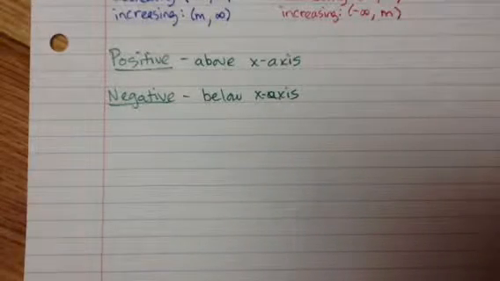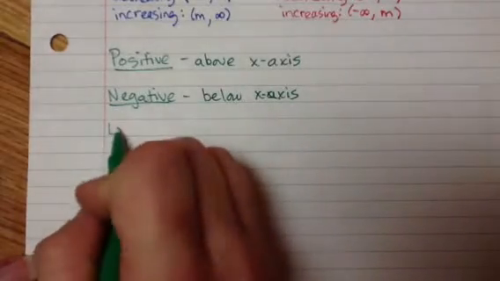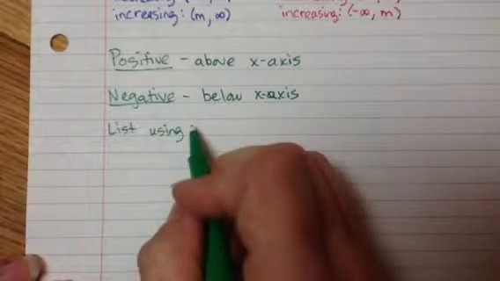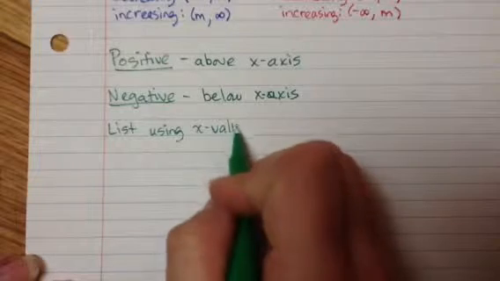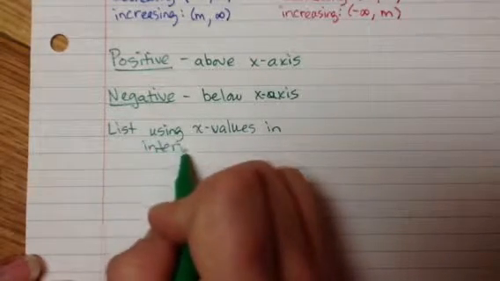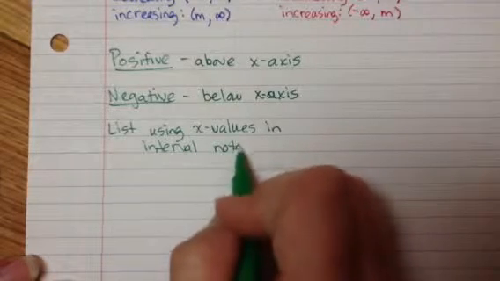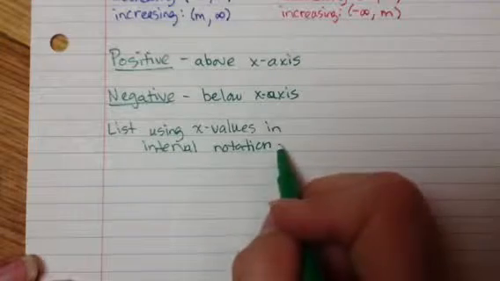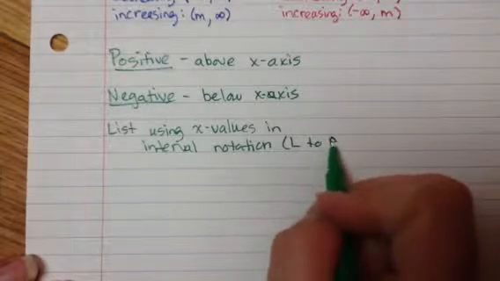And these are also going to be listed using x values in interval notation. And again, we're going to go left to right.